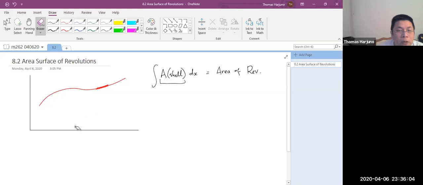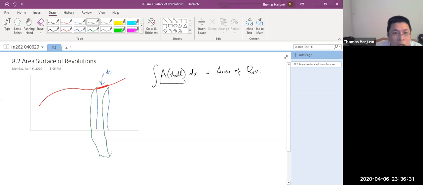Let's see the following. I will first get this part here. We know from 8.1 the length of this segment is ds for the sake of simplicity. Now, when I revolve this, the shell looks like the lateral area of a can.